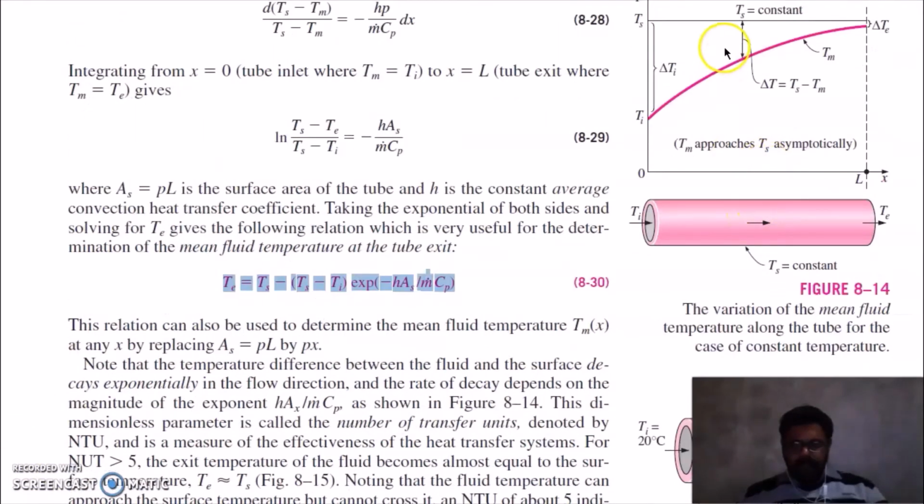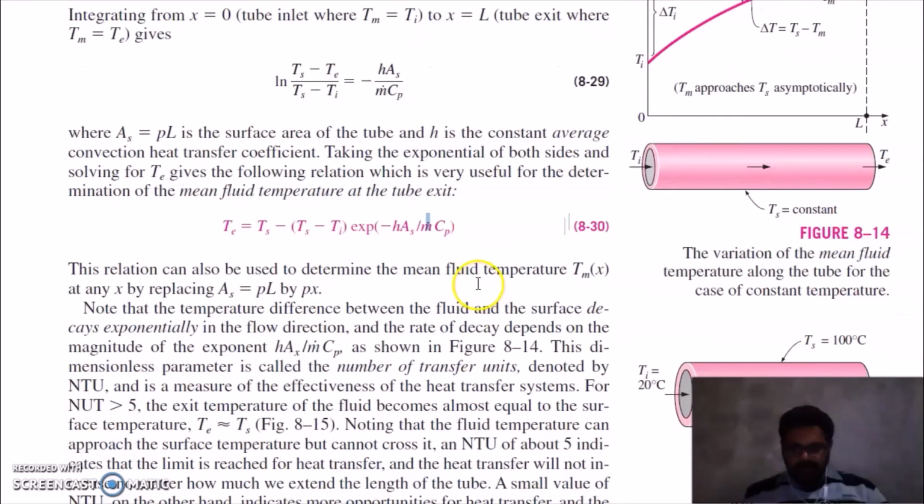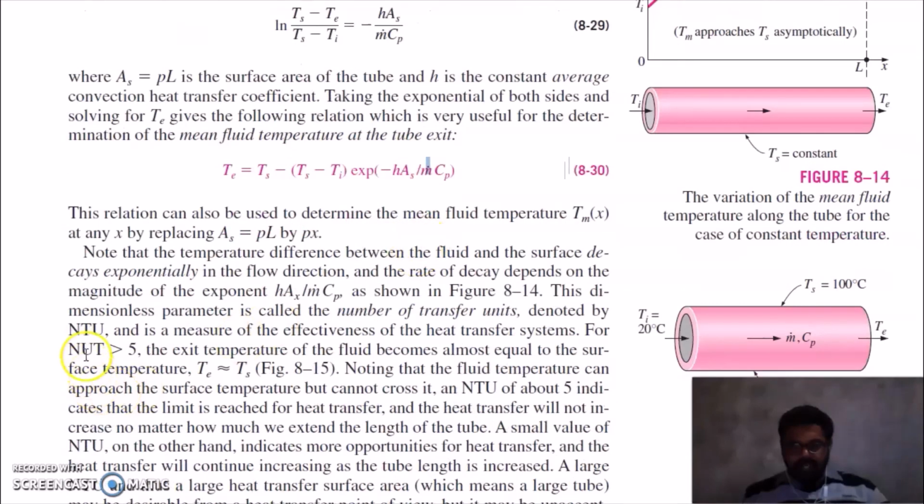You can note that the temperature difference between the fluid and surface decreases exponentially in the flow direction. So this decrease is exponential, and this term, which is h As by m Cp, is a dimensionless parameter. It is called number of transfer units, NTU.